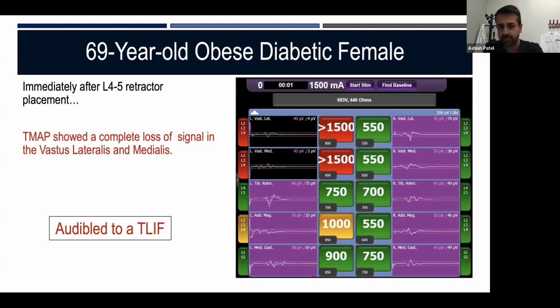So you can see what that read looks like on the TMAP screen. So I closed my retractor down and waited a minute, waited two, ran it again. Signals were still gone. You can see kind of a flat line where those signals are.